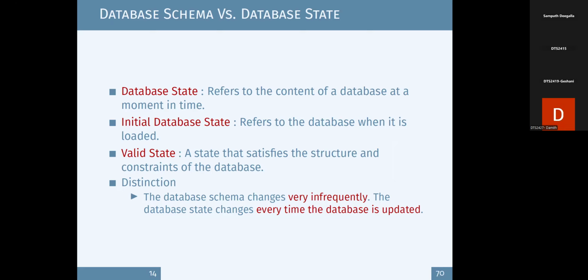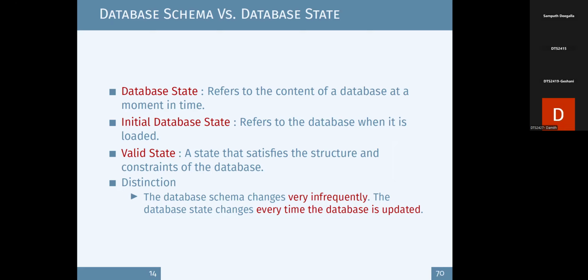And ideally, it should be a valid state, because you have various different constraints we are going to define. For example, let's take student registration number. A simple constraint could be that it should not be a null value. Null value means you have to have some value there. You can't have any missing values.